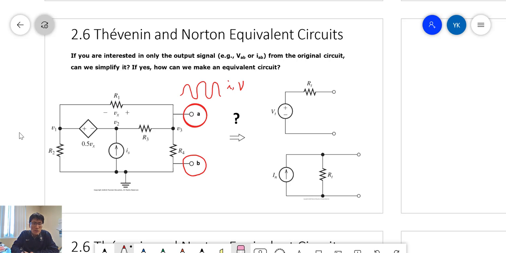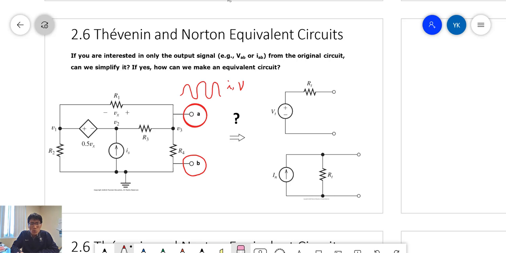But the important thing is that this original circuit has a very complicated interconnection of electrical elements: resistors, a dependent voltage source, a current source, and resistors, something like that. This circuit is not simple, it is complicated. Somehow those signals come out of the A and B terminals.